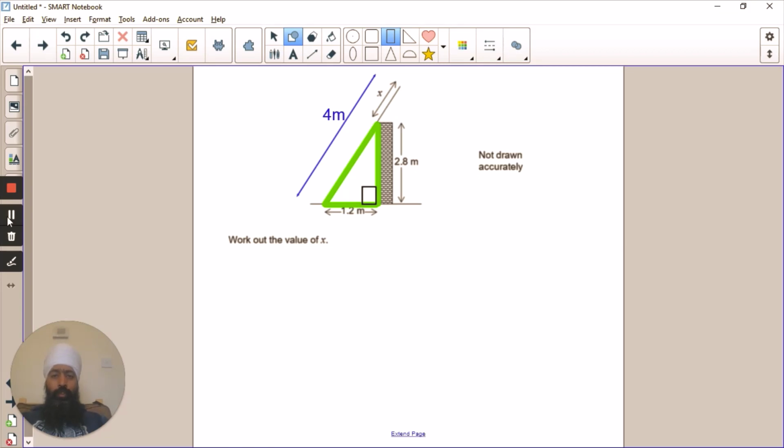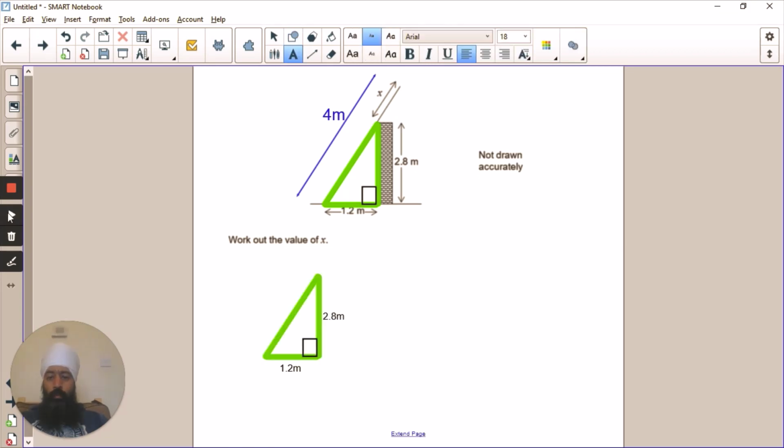So let's redraw that triangle and give it a go. So that there is the exact same triangle from the diagram, redrawn. And the missing side, the longest side, I will call a letter. Because I already have X in the diagram, I'll choose another letter. Let's call it Y. Right, next step, label the diagram A, B, and C.